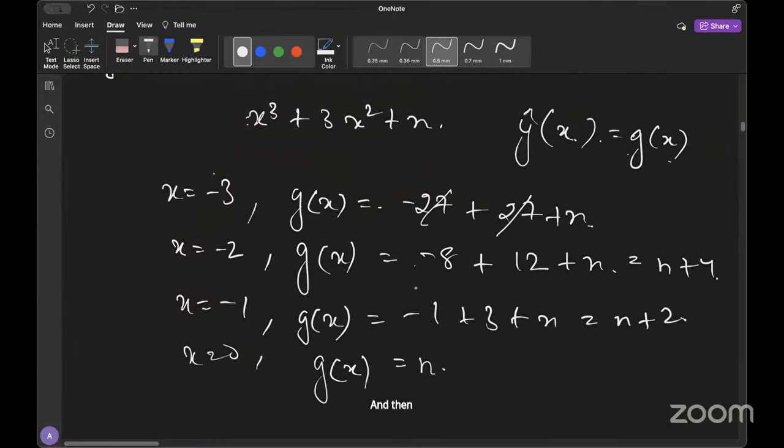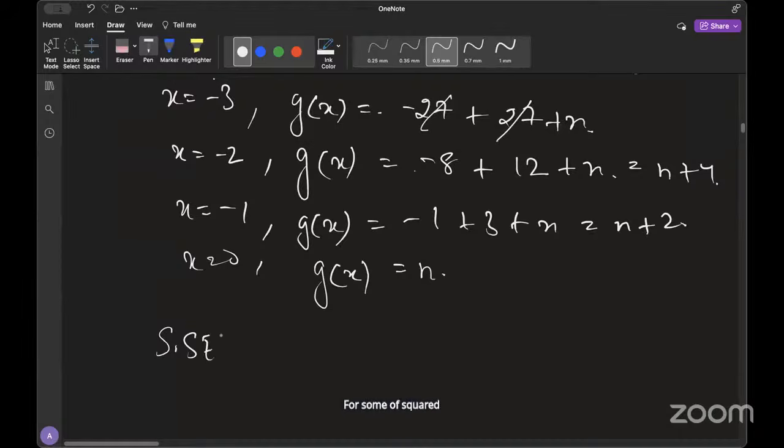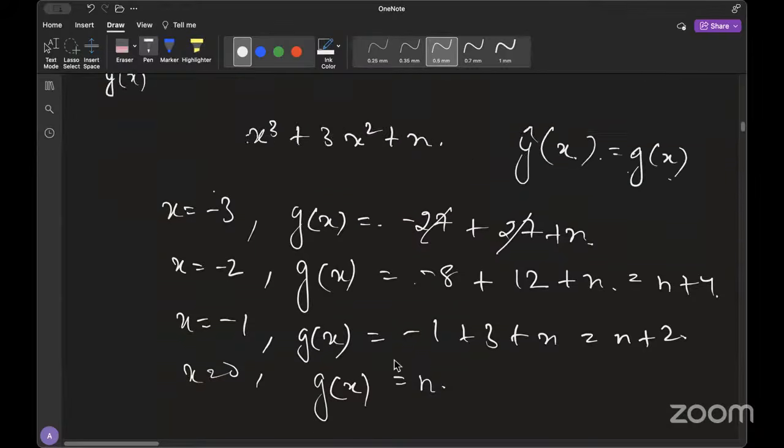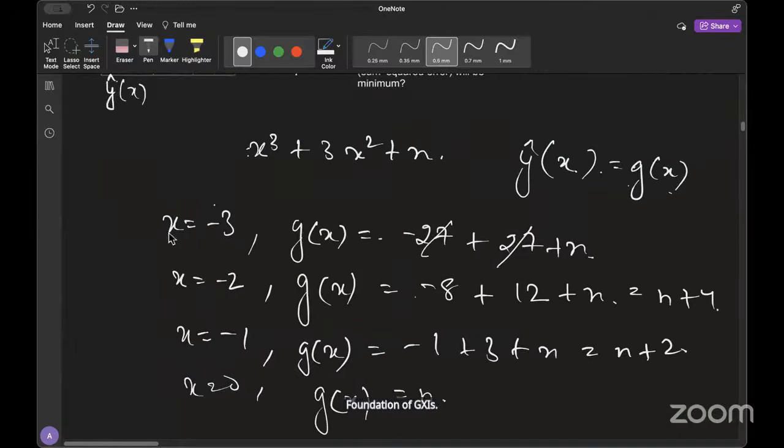And then what you do for the sum of squared errors is you do the summation of y cap x_i's, or I should say g(x_i)'s simply. Summation of g(x_i)'s, where x_i's are these.